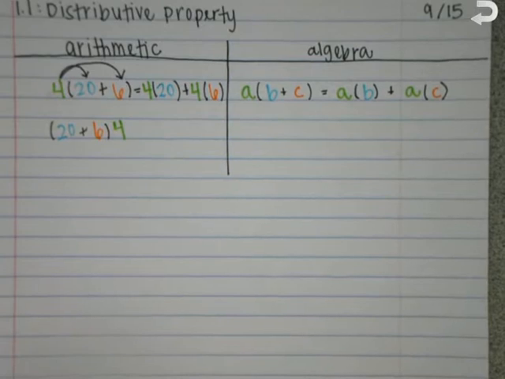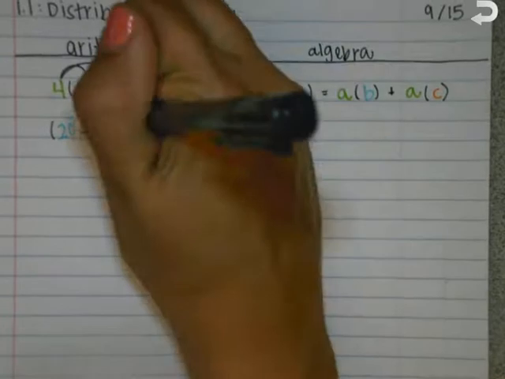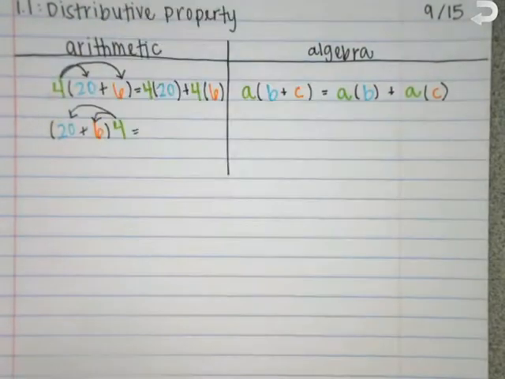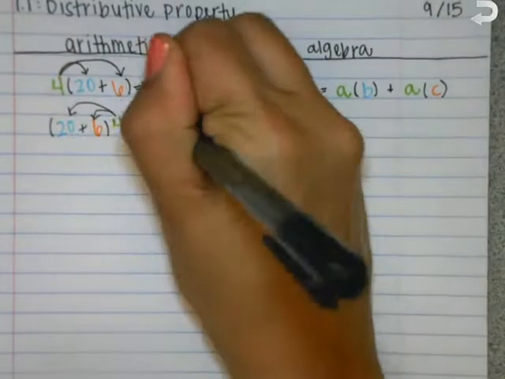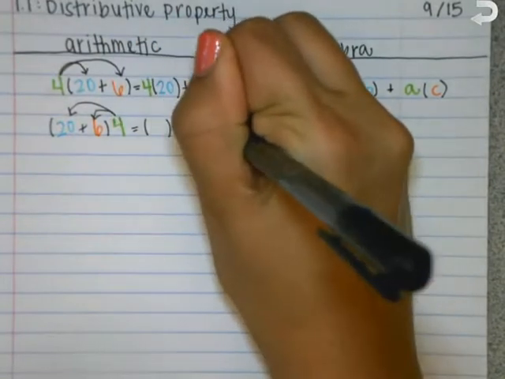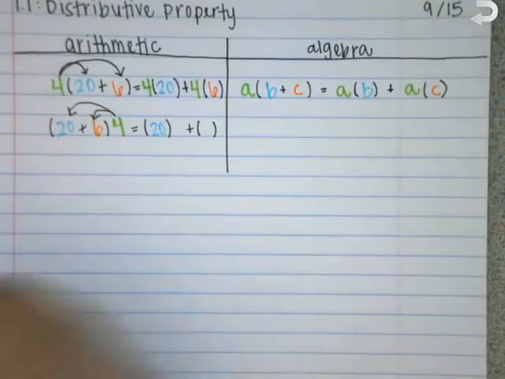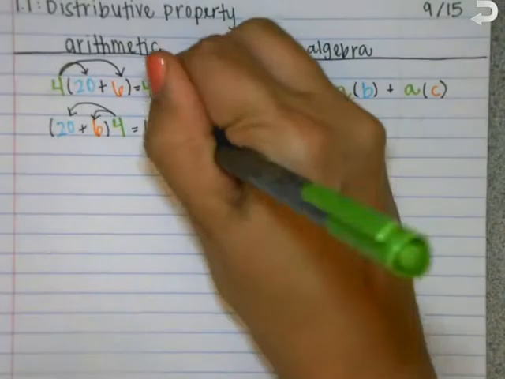The 4 is in the back. Does it change the distributive property at all? No, we can distribute from the back. Okay, so that would be the same as saying 20 times 4 plus 6 times 4. So we would just put the 4 in the back. Okay, but it's the exact same.